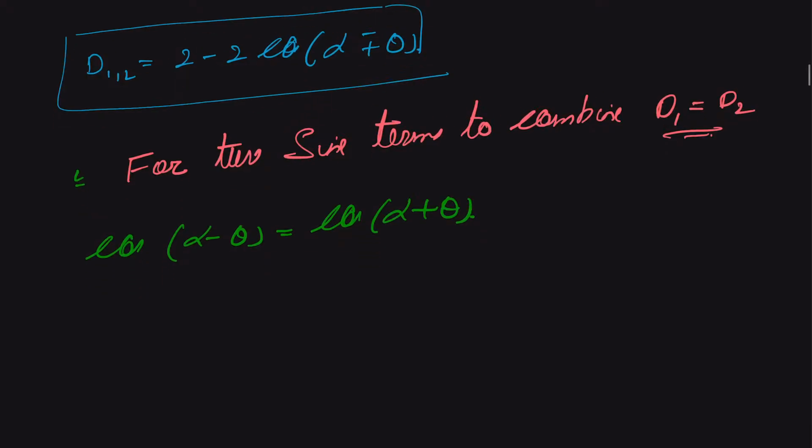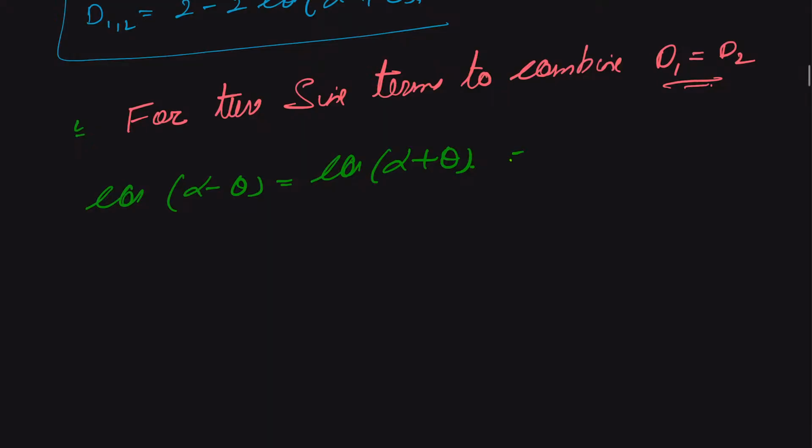And we can use the identity for cos A minus cos B. And so from this we can write that sine of alpha times sine of theta is equal to 0.